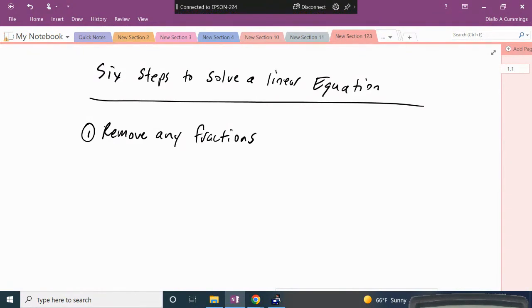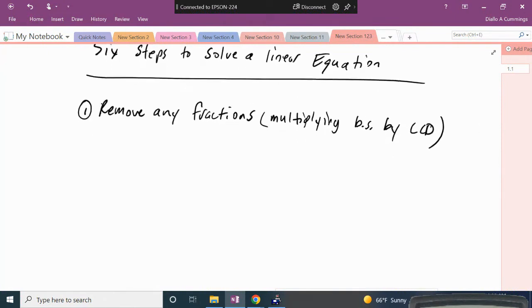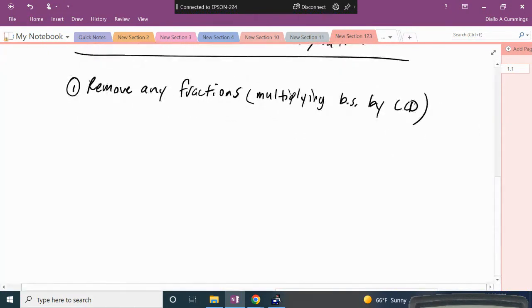So the first thing you want to do is remove the fraction, and you remove the fraction by multiplying both sides by the least common denominator, the LCD. The least common denominator is also the same thing as the least common multiple. We're actually going to take a look at solving problems that involve all of these steps. So that's the first step you should do.